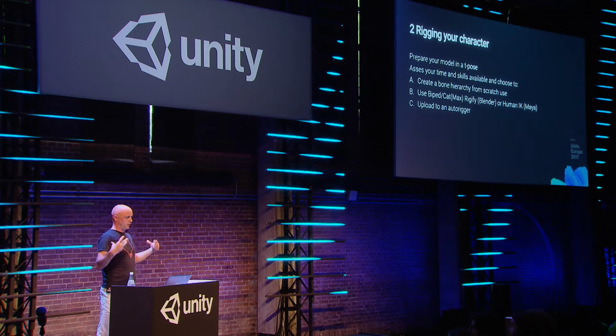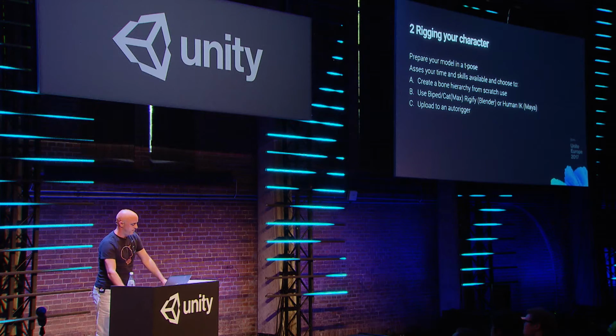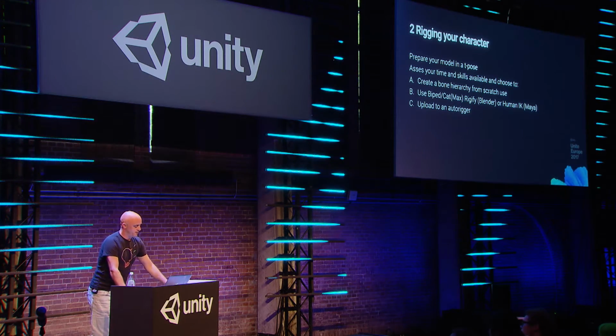So that involves building a skeleton and attaching influences to the vertices that surround those skeletons in order to move parts of the character like the muscles and the legs and create inverse kinematics so that you have knees that don't go the other way and all those kind of things that are standard for humanoids.